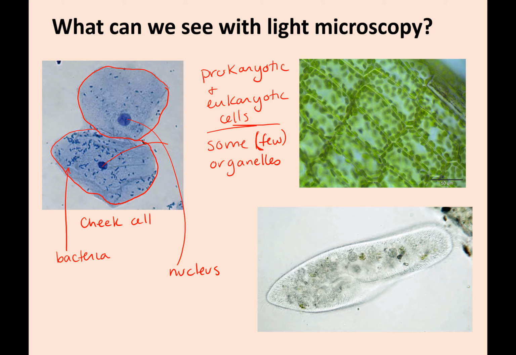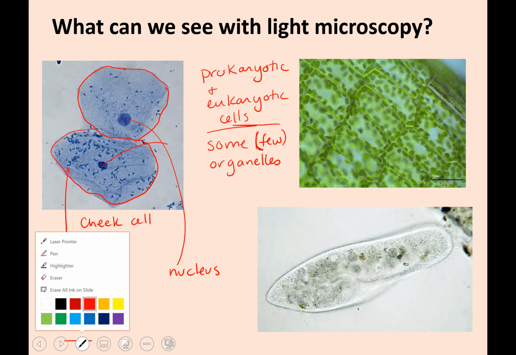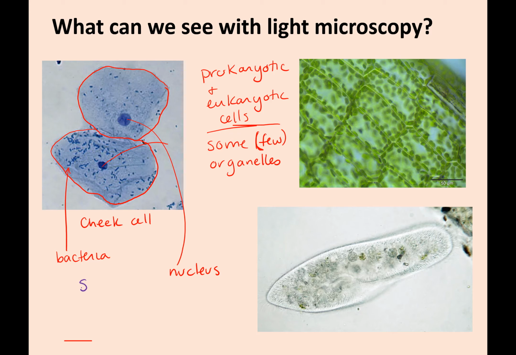The way we obtain a cheek cell is you can take a toothpick, scrape the inside of your cheek a little bit, put it on a slide, and then you're going to stain it. In this case, these cells are stained, so normally your cheek cells are not blue, and since the cells are stained, they are dead.